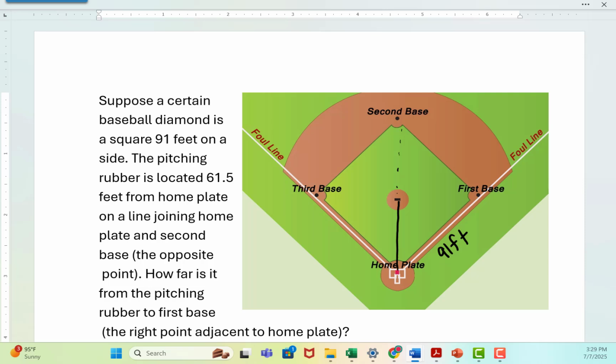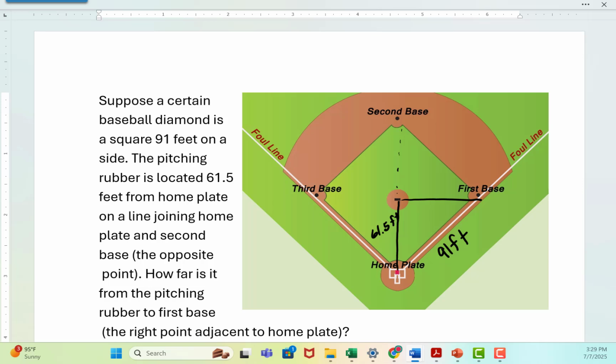And they tell us that the distance from home plate to the pitching mound is 61.5 feet. And then we need to find the distance from the pitching mound to first base.